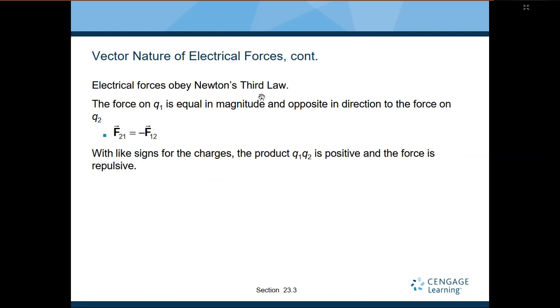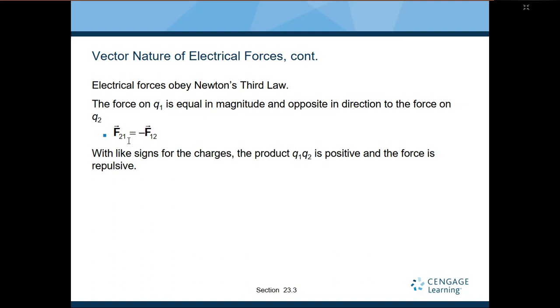Therefore, it will fit into the concept of Newton's third law wherein the action and reaction pair, the two forces, are equal in magnitude but acting in opposite directions. That is why the force on Q1 is equal in magnitude and opposite in direction to the force on Q2.